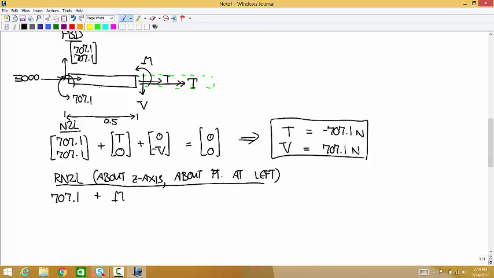The way I like to think about this is it's 0.5 times V. And now think about, would it cause a positive or negative rotation around the about point? That's a pretty split. I'm going to go with negative. If this is a hinge here, this force would make it rotate clockwise. So that's negative. So minus 0.5 V, and that's everything, is equal to 0.